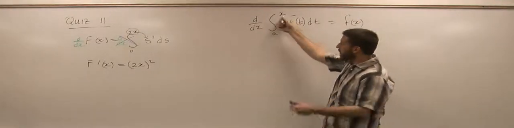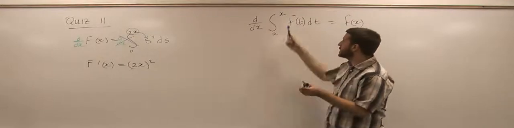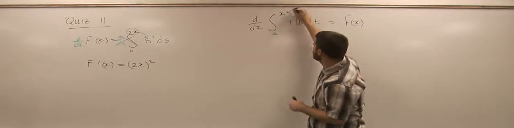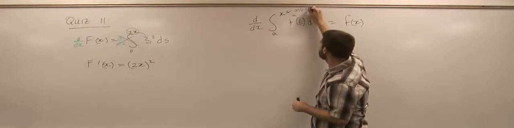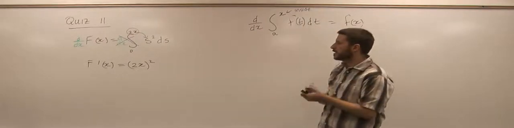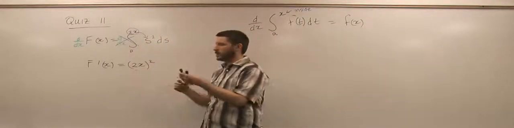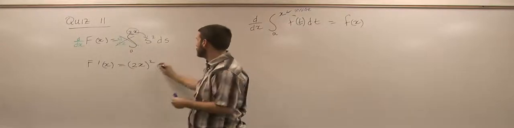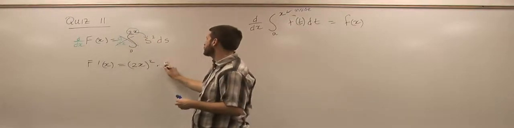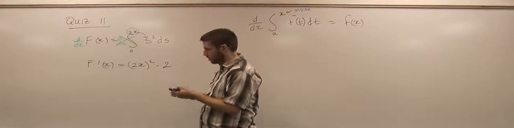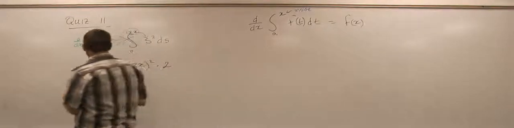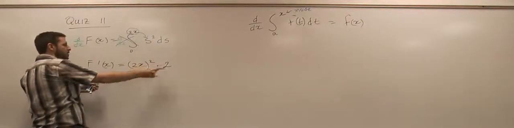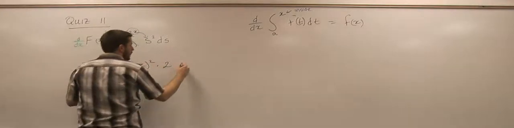But if you have a more complicated inside function, you have to multiply by the derivative of the inside. So you plug the 2x in and get 2x squared, but times the derivative of 2x, which is 2. So altogether you get 4x squared times 2, which is 8x squared.